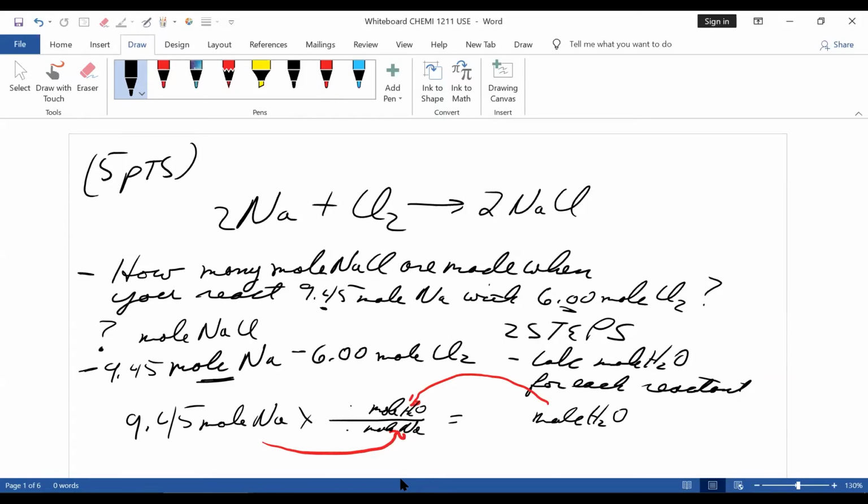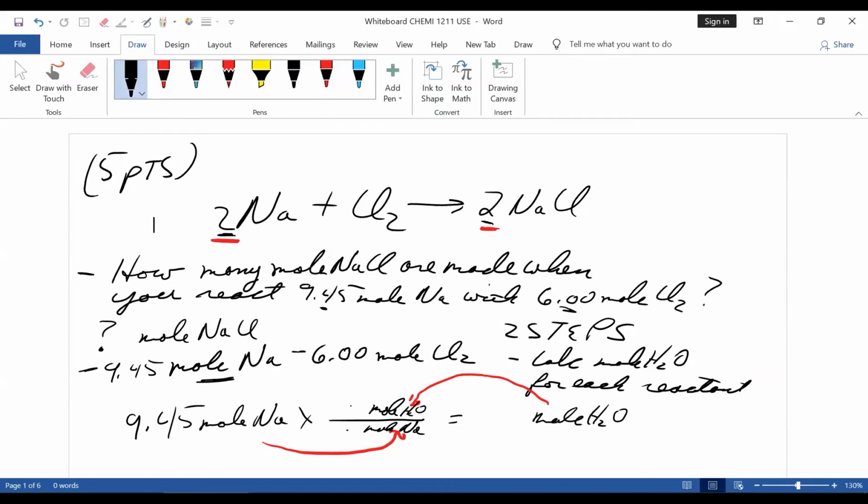Where do I get these numbers? I come up to the balanced chemical equation and say the coefficient tells me for every 2 moles of sodium, I make 2 moles of sodium chloride.